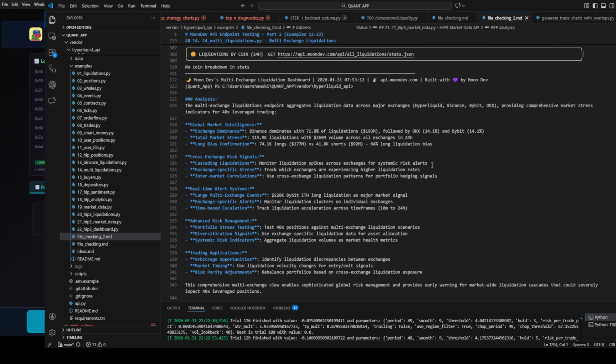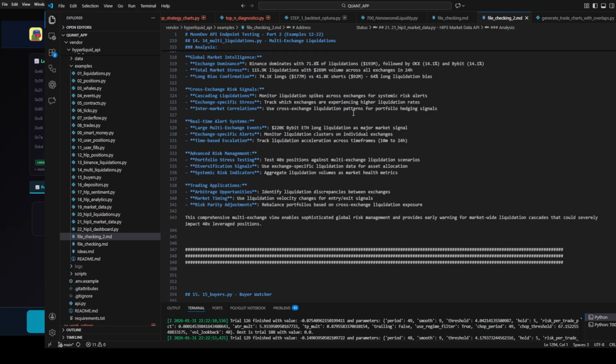Exchange-specific stress: track which exchanges are experiencing higher liquidation rates. Intermarket correlations: use cross-exchange liquidation patterns for portfolio hedging signals. Real-time alert systems: 220k Bybit ETH long liquidations as major market signal.